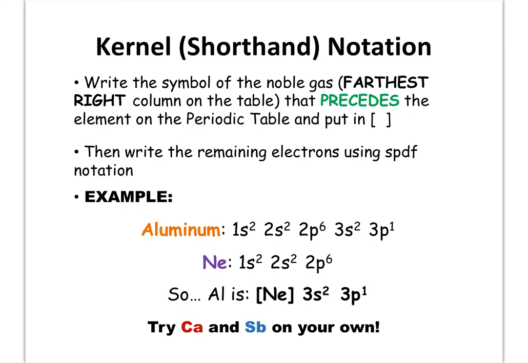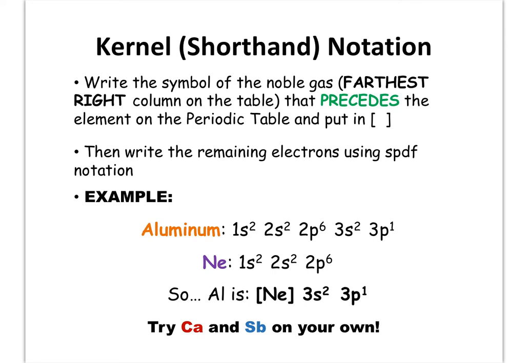If I allowed you to do this in shorthand notation, you find the noble gas that comes before aluminum, which would be neon. Aluminum is number 13. The noble gas that comes after aluminum would be argon, number 18. So the noble gas that comes before it is neon.